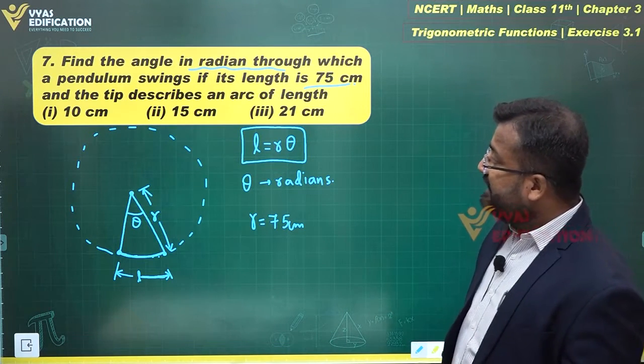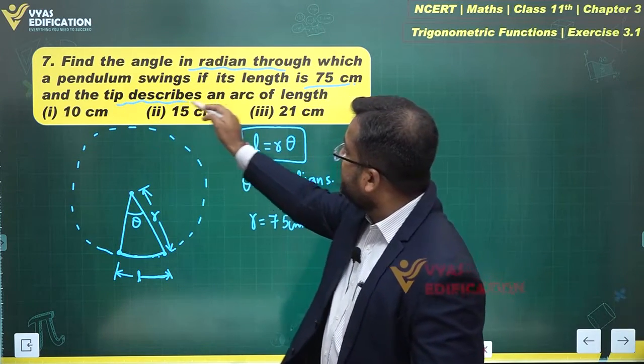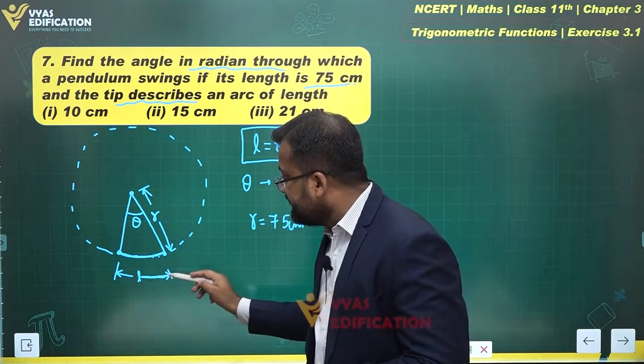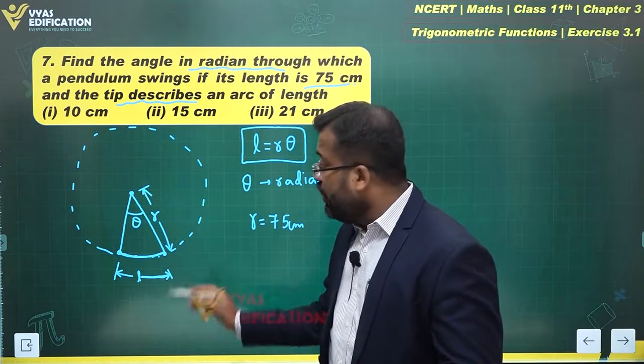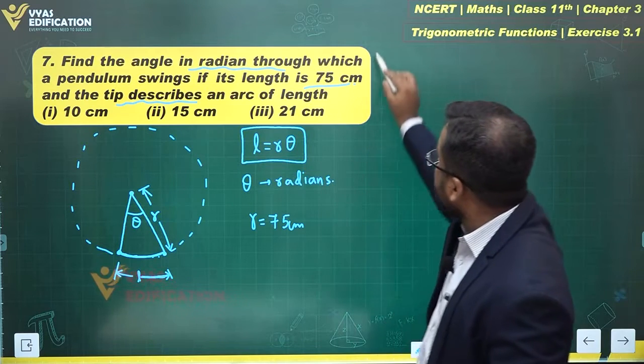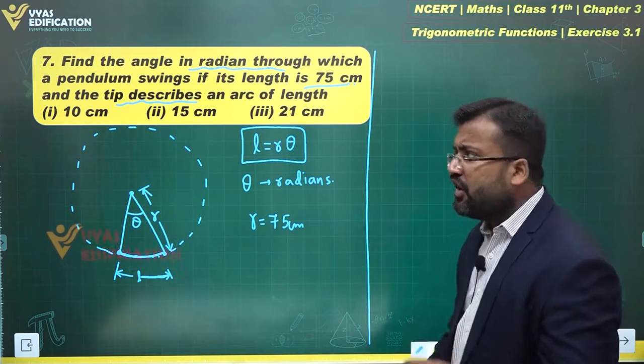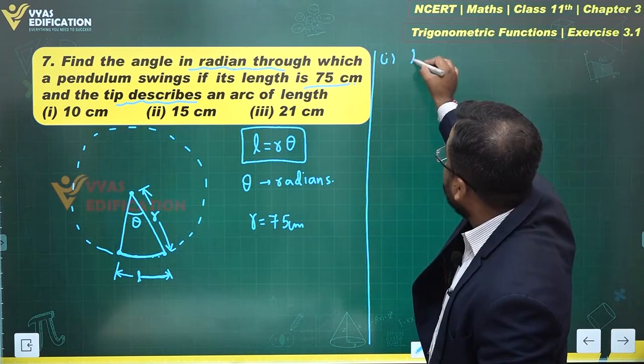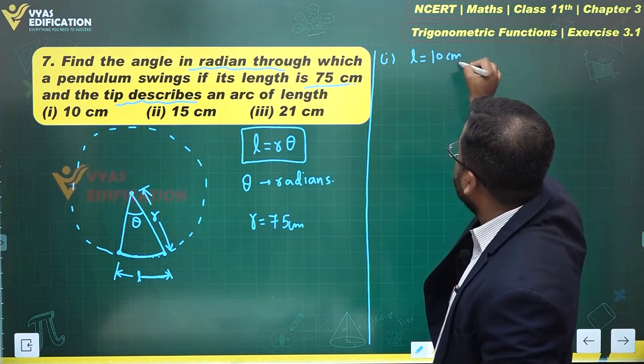And the tip describes an arc of length 10 centimeter or 15 centimeter or 21 centimeter. Those are the three parts. Let's talk about the first part. L equals 10 centimeter.